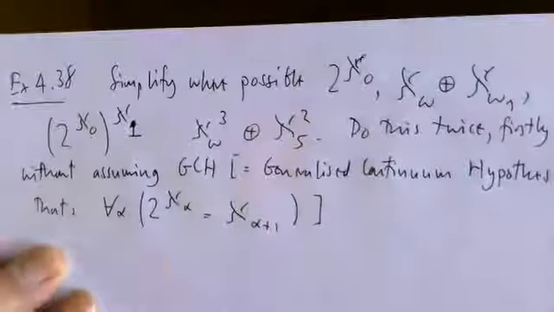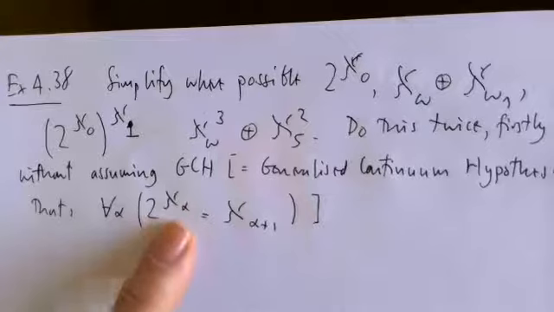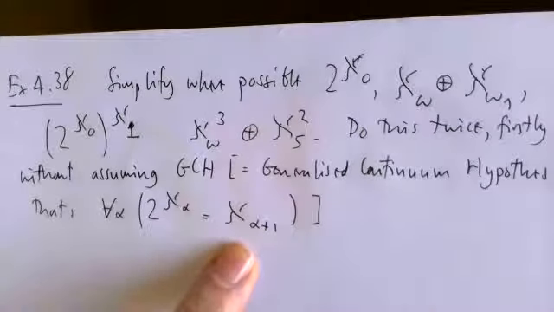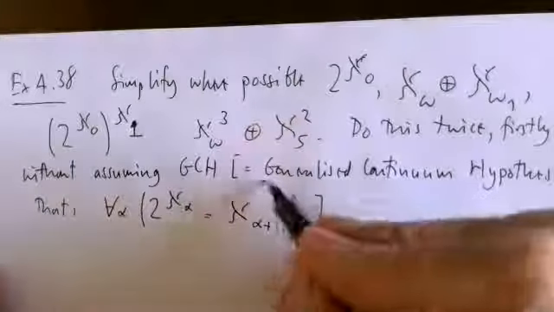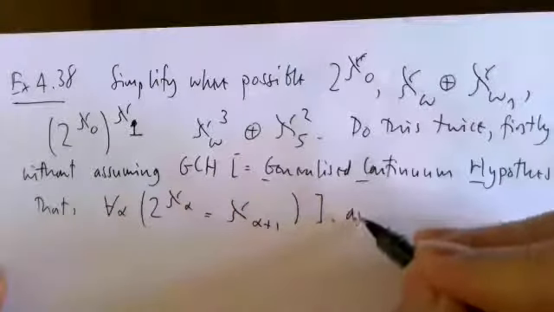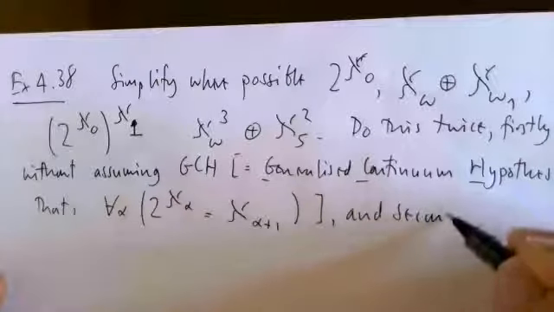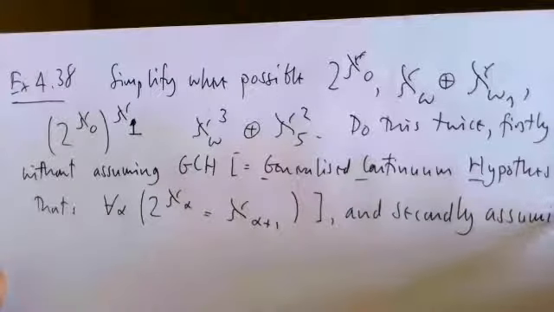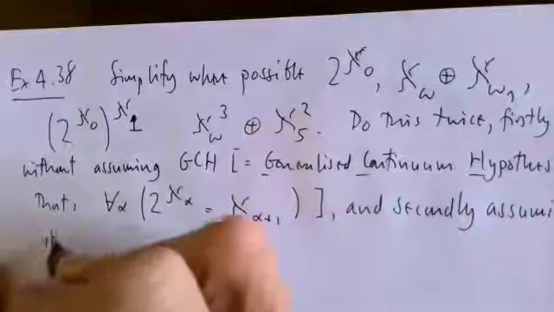Because we don't know how big the size of the power set of Aleph alpha is. But the hypothesis is that it's the next cardinal. So this is the GCH. And secondly, assuming it.